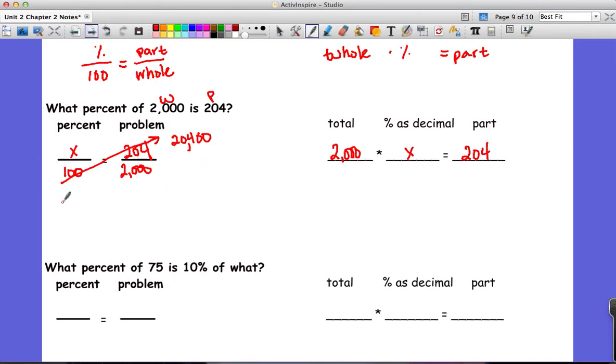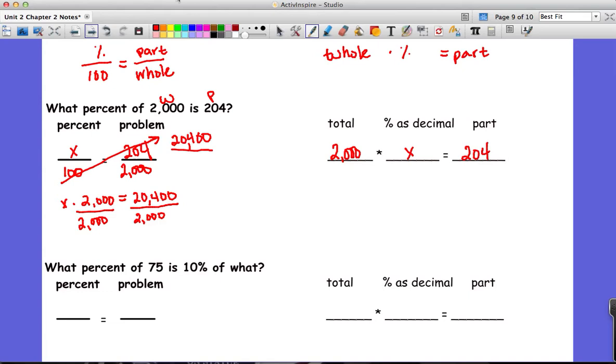So now I know that x times 2,000 has to equal 20,400. To solve, I need to divide both sides by 2,000 because I want to get rid of 2,000 and get the x by itself. And what I do to one side, I have to do to the other.